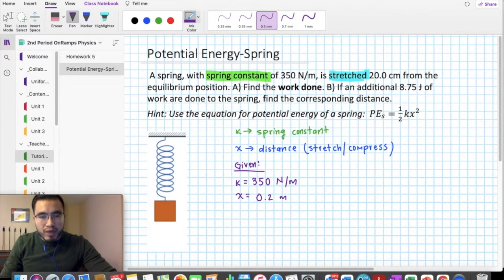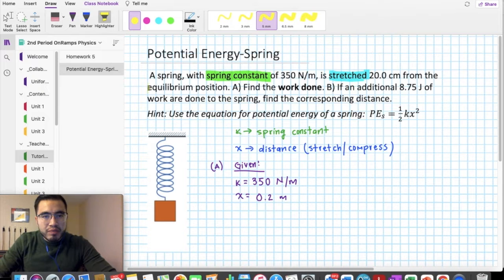And that's it for question A, right? So let's just do A. One thing that I want to add is the fact that we're starting from the equilibrium position.